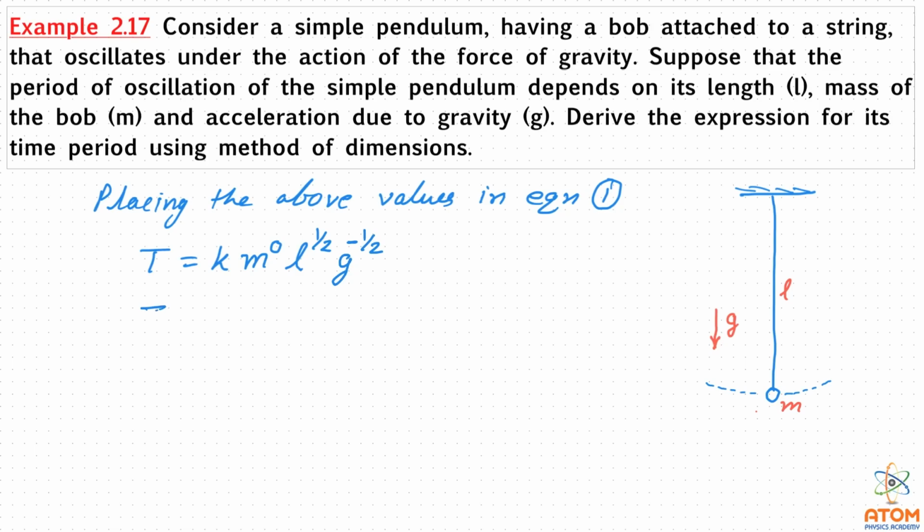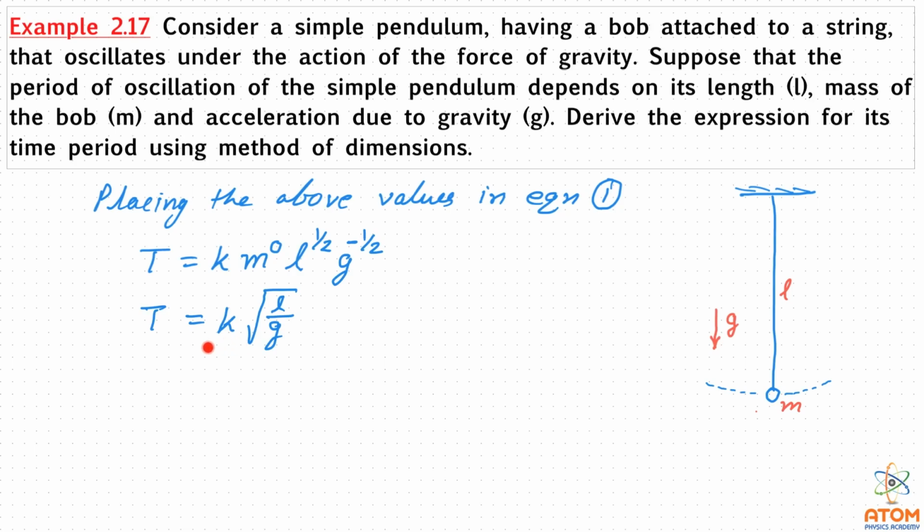So I can put this equation as T is equal to K under root of L upon G, because m raised to 0 became 1, L raised to 1 by 2 is root L, and G raised to minus 1 by 2 is 1 upon root G. So we have this equation T is equal to K under root of L upon G.